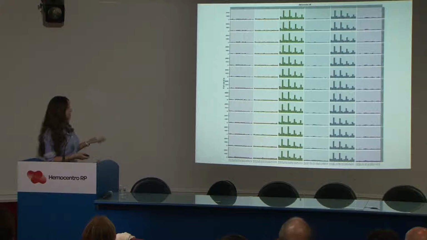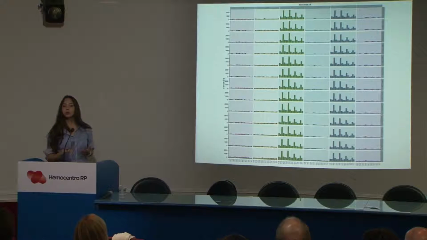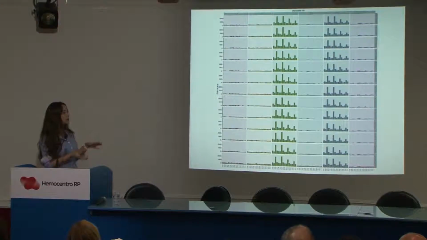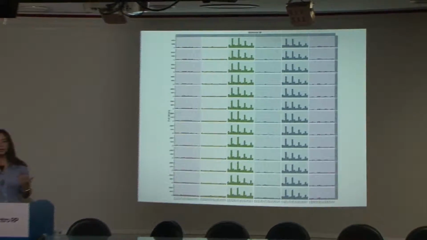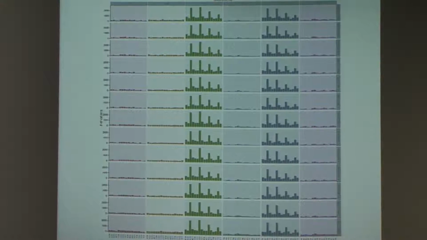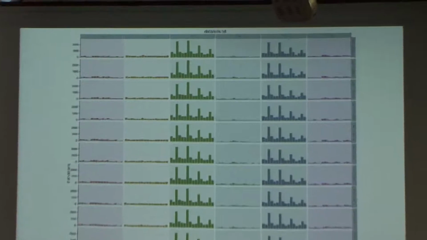So, as we can see, the number of mutations with transitions is much higher than transversions. And as you can see, especially the cytosine changes, because the exome is really methylated.